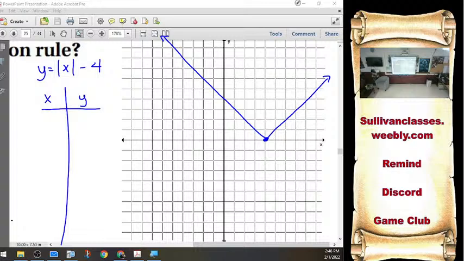Okay, so just right next to that, also an A, also on the same graph. How is this different now that the negative 4 is outside of the absolute value? What changes? Plug numbers in. Plug in probably negative 8, negative 6, negative 4, negative 2, 0, 2, 4, 6, 8.